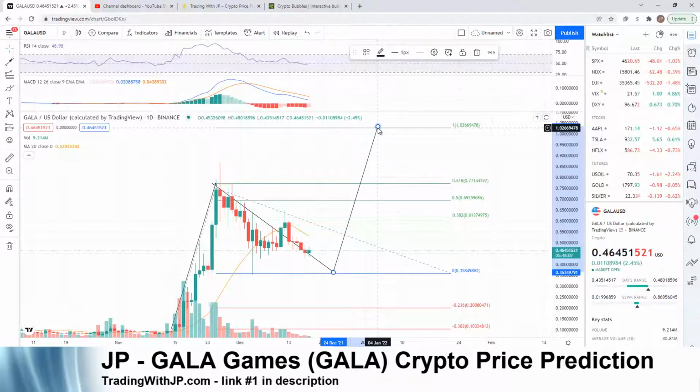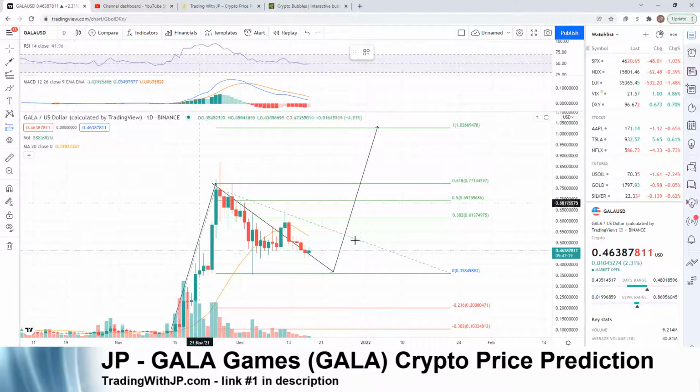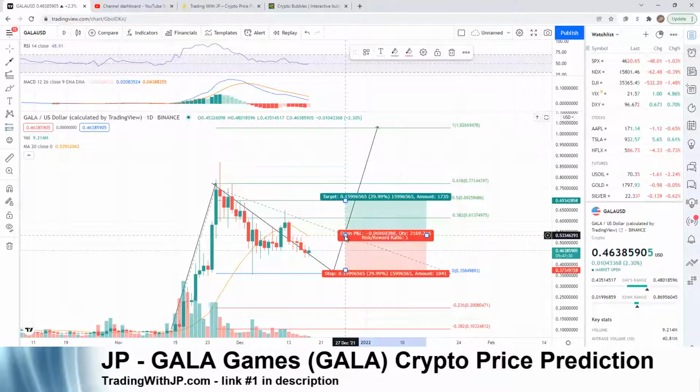That's only about 3 weeks away, if this correction down here is almost towards its end, and maybe we only have another 3 to 7 days before it starts going up again. We're going to break over that 20-day moving average. So my guess is that my target entry is going to be somewhere around this level, right around the 53, 54 cent mark.